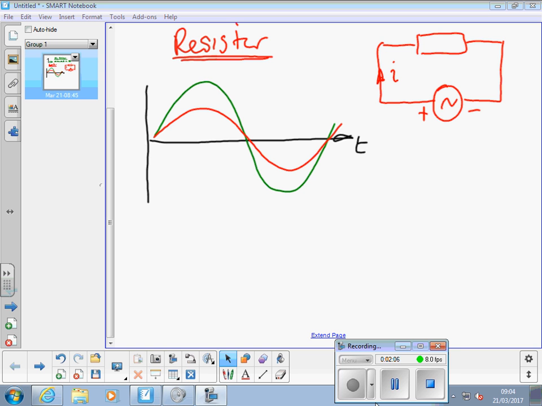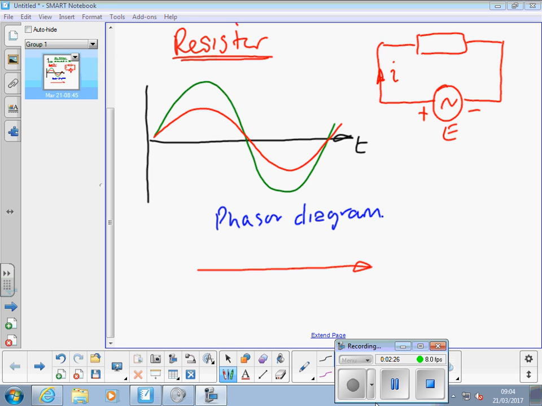We could draw what's called a phasor diagram where we had the voltage, I'm going to call that E in the circuit, the current I, is in phase.